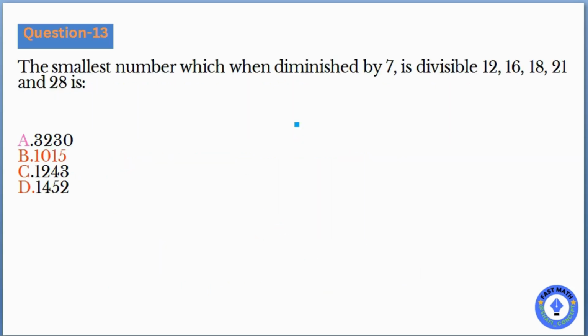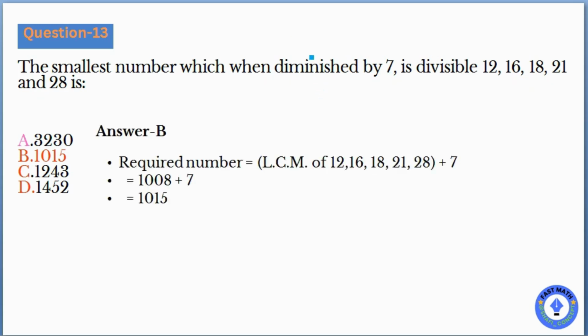The 13th question: the smallest number which when diminished, meaning reduced, by 7 is divisible by 12, 16, 18, 21 and 28. What is the problem asking? The smallest number which, when reduced by 7, can be divided by all these numbers.